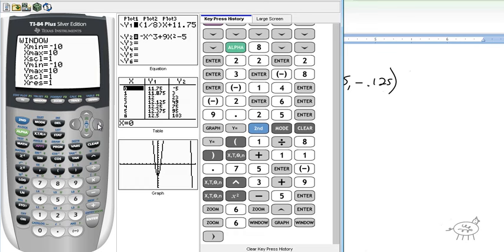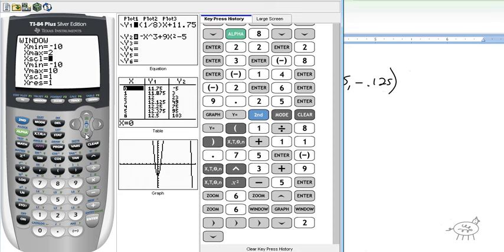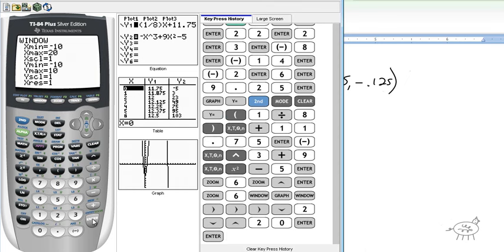X max, that's what I need to change. So I'm going to change that to 20. Okay, and the y min is okay, but let's do the y max at like 30. And now let's graph it.